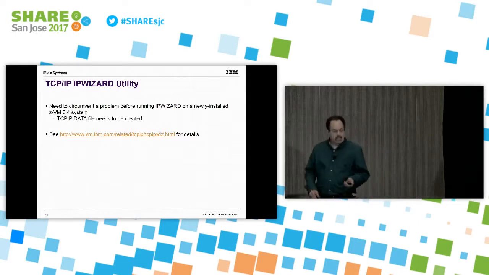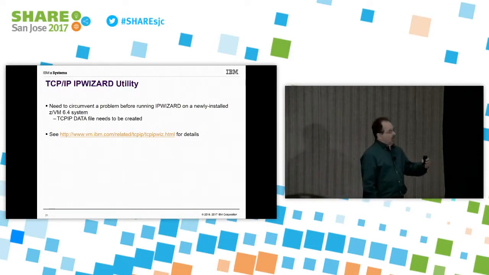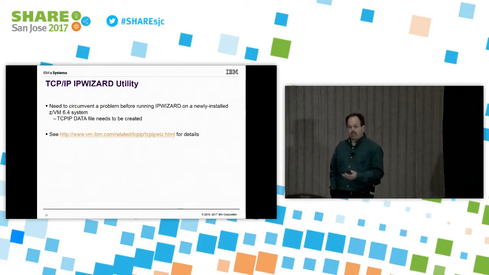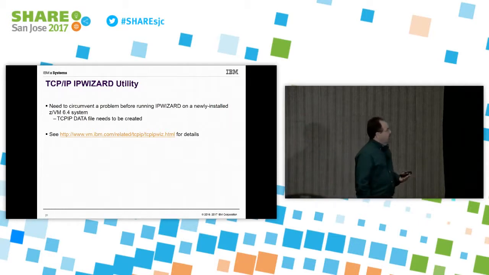So there's a web page that has information about this problem and how to get around it. Basically, you create a TCP/IP data file or copy one before you run IP Wizard. And there's also an APAR in the works to correct it. All the details for that are on this web page. So if you're going to do a fresh install and you use IP Wizard, be aware of this and go check out that information.